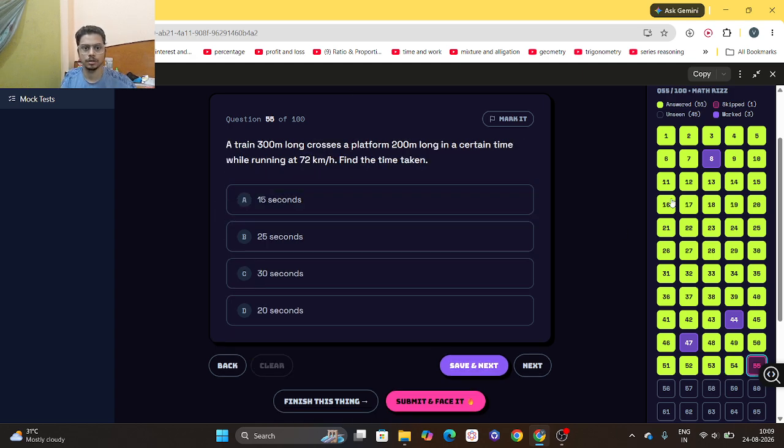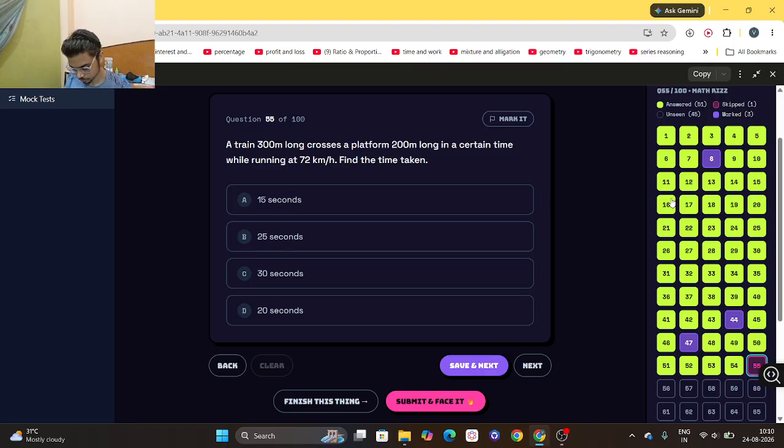A train 300 meters long crosses a platform 200 meters long in a certain time while running at 72 km per hour. Find the time taken. The train is 300 meters long, running at a speed of 72 km per hour. 72 into 5 by 18, 20 meters per second.